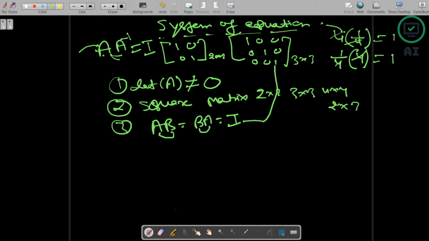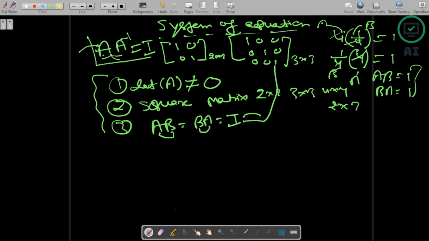So if this one is A and this is B, AB equals 1, and BA equals 1. The same concept applies here. So these three conditions should be there: the determinant of A should be non-zero, it should be a square matrix, and AB equals BA equals the identity matrix. Then only this particular matrix will have an inverse matrix, A inverse.